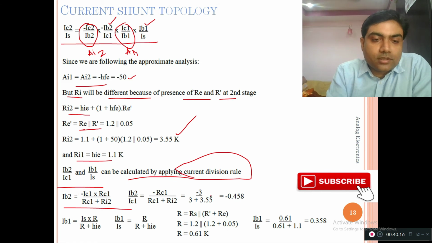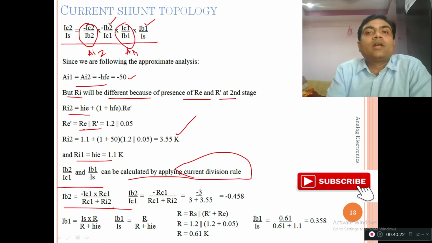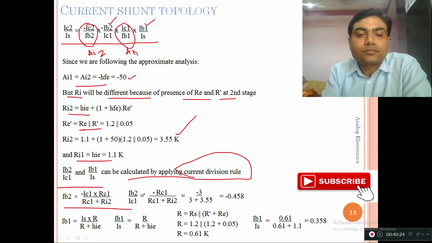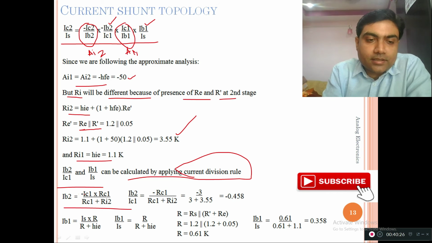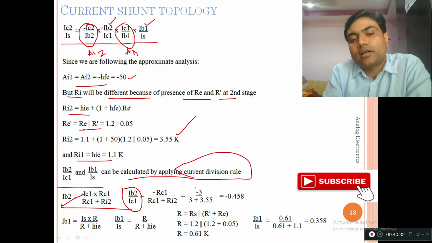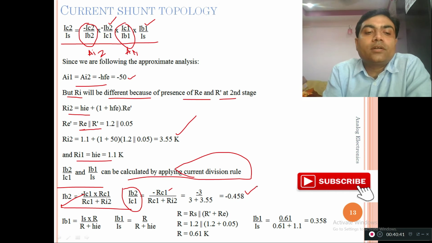That is what is done over here. So IC1 is multiplied by RC1, and RC1 plus RI2 is on the denominator side. Likewise, if I put IC1 here, I can calculate the value of IB2 upon IC1. I have put down the values of RC1 and RI2, and I can get the value of this particular component.